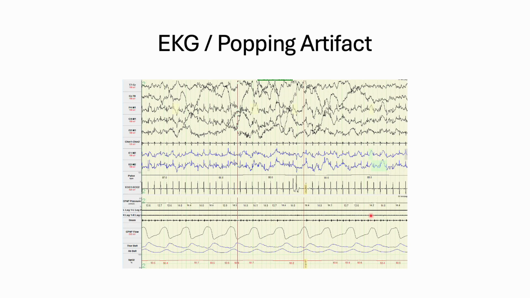Here's more EKG artifact, and there's a lot of it. It looks like this is an M problem. M1, all of those have it, and M2 with the eyes also have it. So M1 is referenced to F4, C4, and O2 up here.